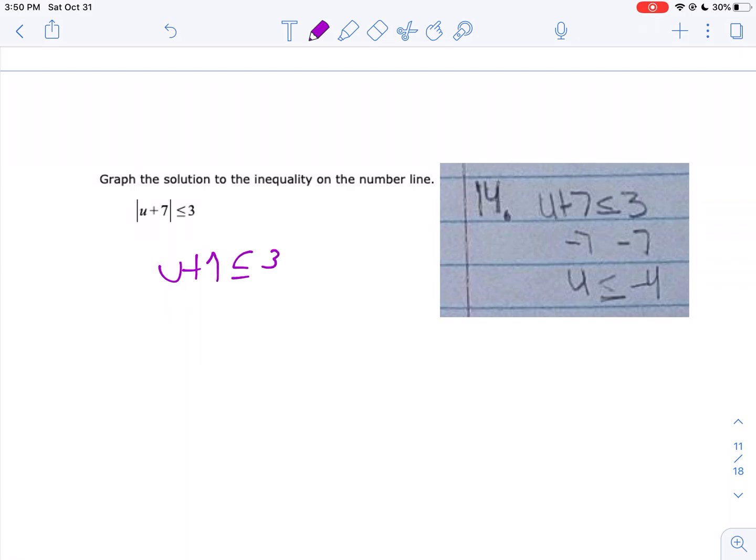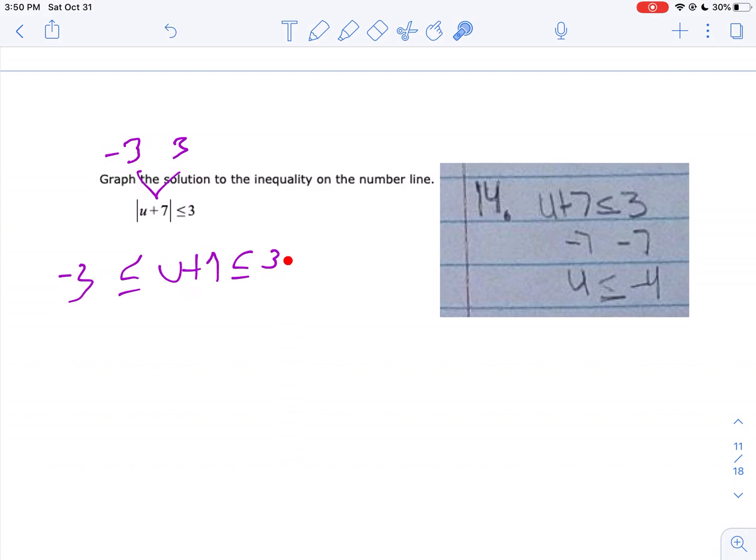But it's also in between negative 3 and 3, because we're saying, what distance is 3 away from 0? Well, the two numbers that are 3 away from 0 are negative 3 and 3. So that's why we write that. So it's in between, so less than, what we talked about in the seminar.